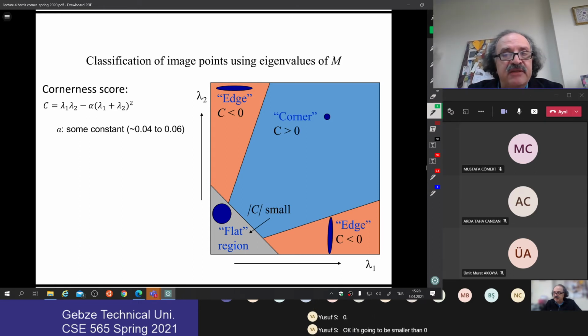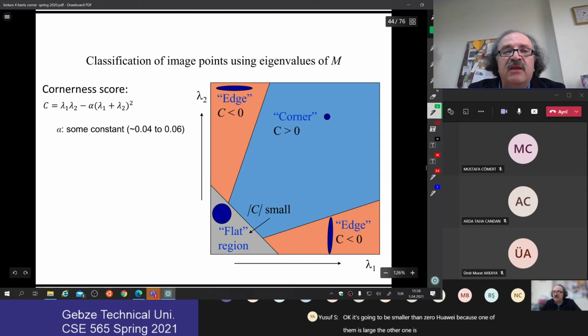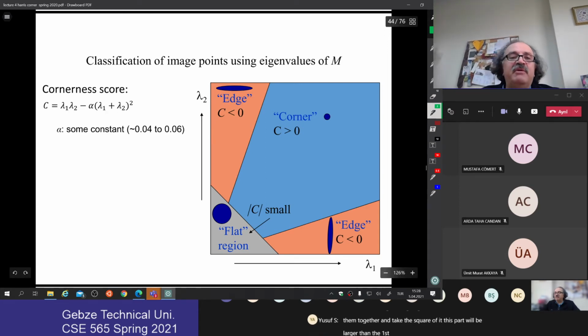Why? Because one of them is large, the other one is small. If I multiply the small value with the large value, it is going to be a small value. But if I add them together and take the square of it, this part will be larger than the first part. It's going to be negative.